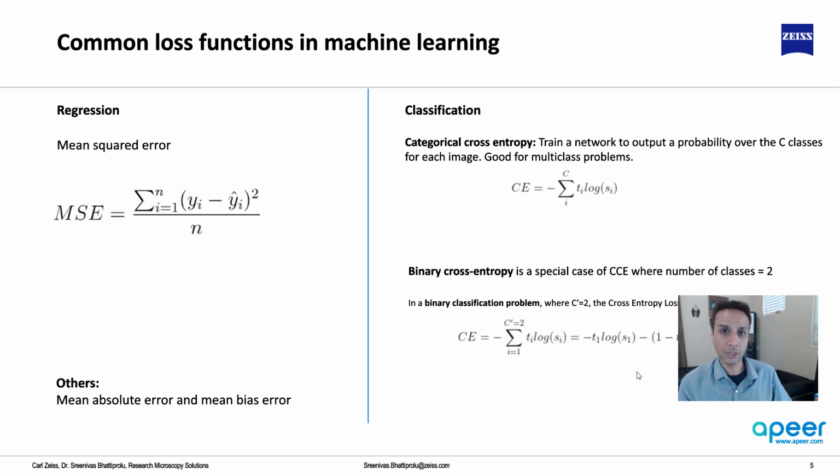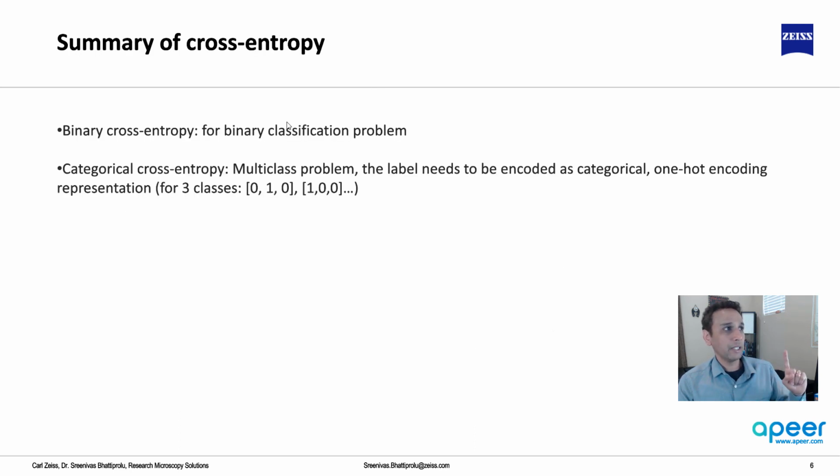Let's not get into math. I just want to make sure you understand that for classification, cross entropy is very common. There are much fancier versions of these, and I'll talk about one of those, which is my favorite, in a minute. But let's summarize cross entropy. Binary cross entropy is for binary classification problems, and categorical cross entropy is for multi-class problems.